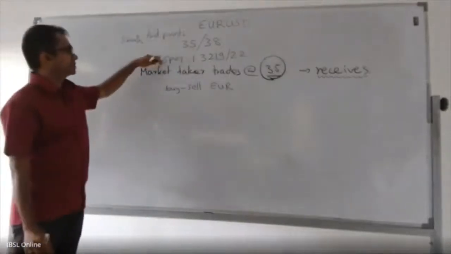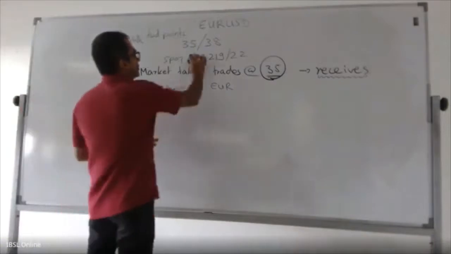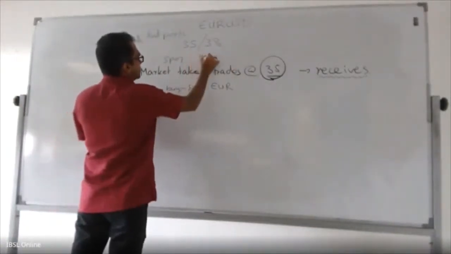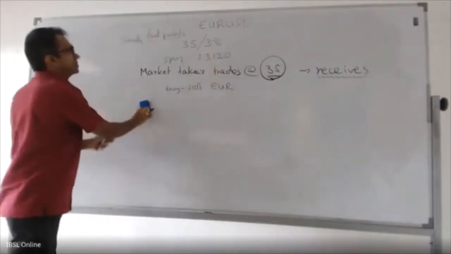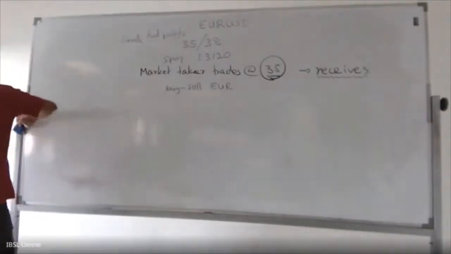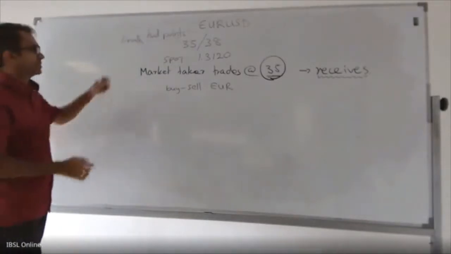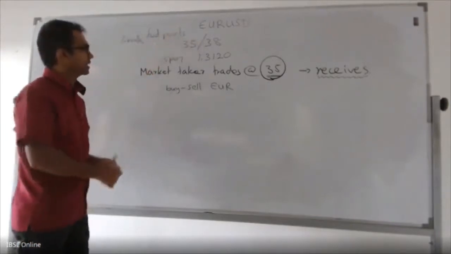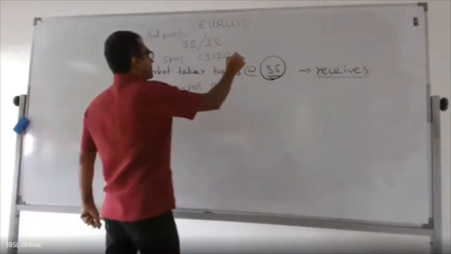Assume this is the spot rate. In this instance, you don't want these two as it is a swap. This is the reference spot rate. These are the forward points. You agree to trade at 35. However, what is the forward rate?